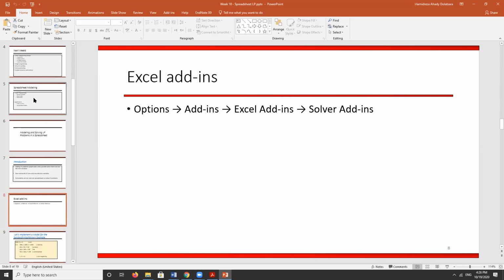So before doing that, first of all, download the sample problem and solutions that I posted on Moodle, and also open an Excel file. I give you a couple of minutes to do that.